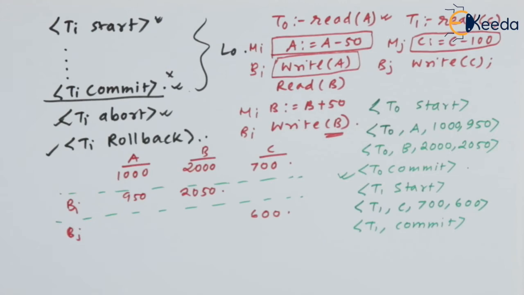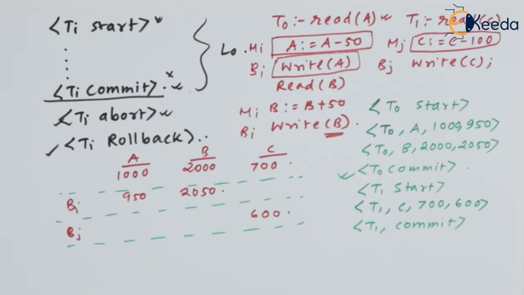Again, by committing this T1, we are only having writing this BJ, that is 600, to it. So now we can have this log as our final log that has not met any type of problem. Now we will see that if the transaction fails in different situations, how the log, and according to that how the disk buffer and the database will be changed.